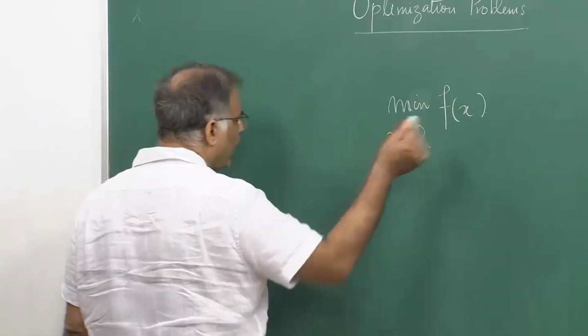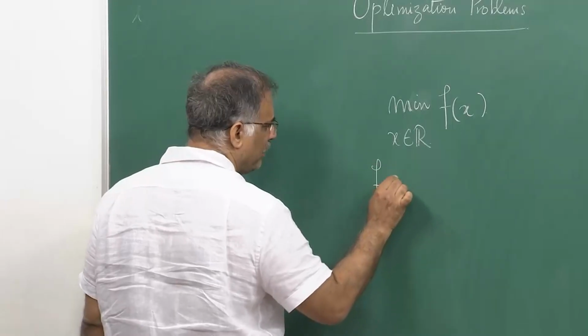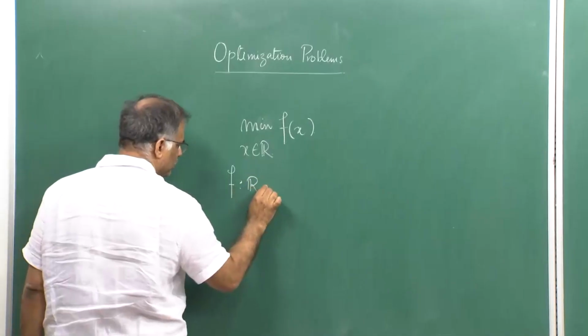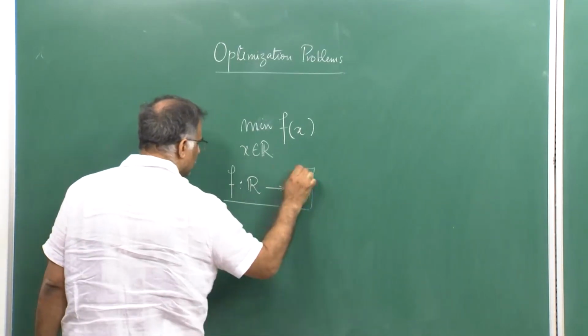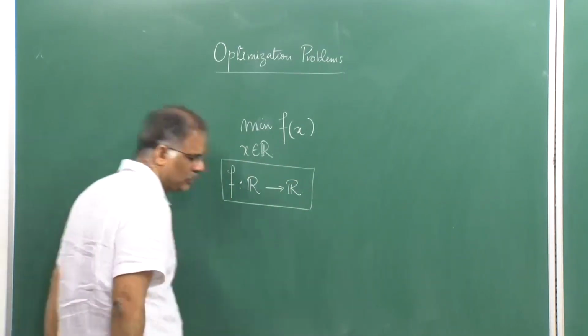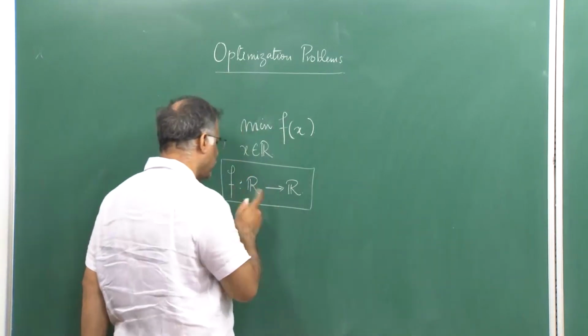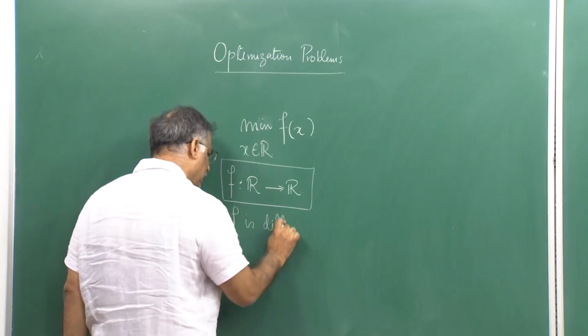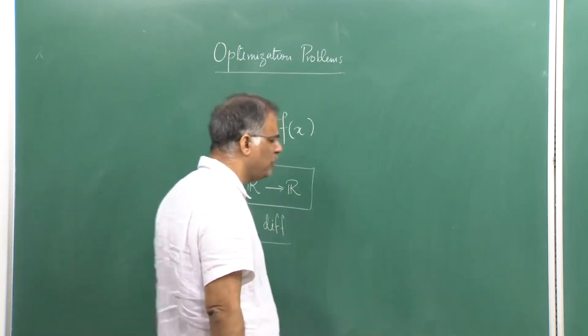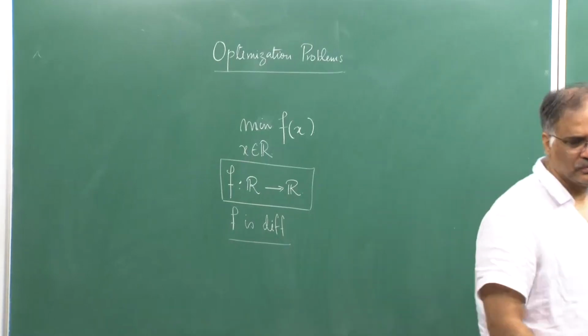What we have been discussing till now while finding a maxima and minima is the following. I have a function from R to R and f is differentiable, and I am trying to find its maxima and minima.